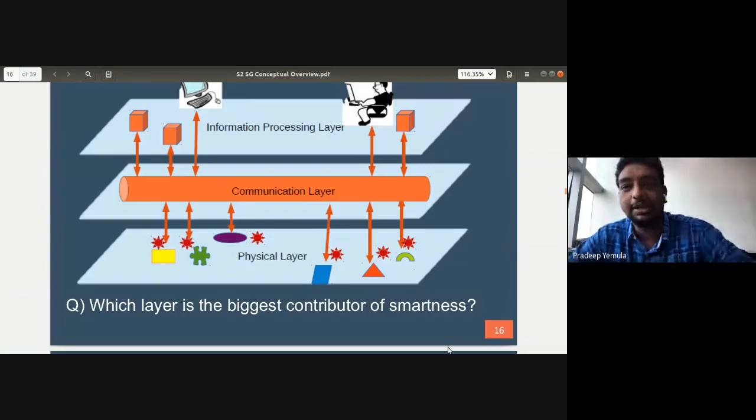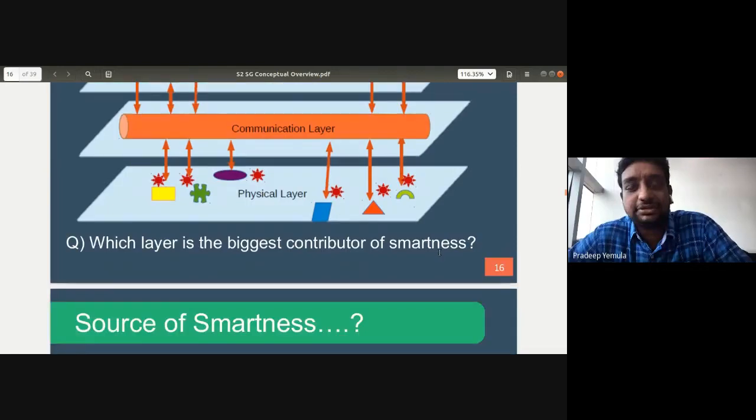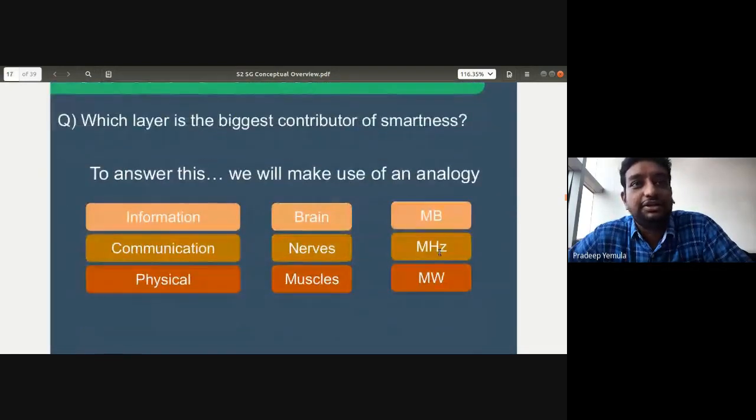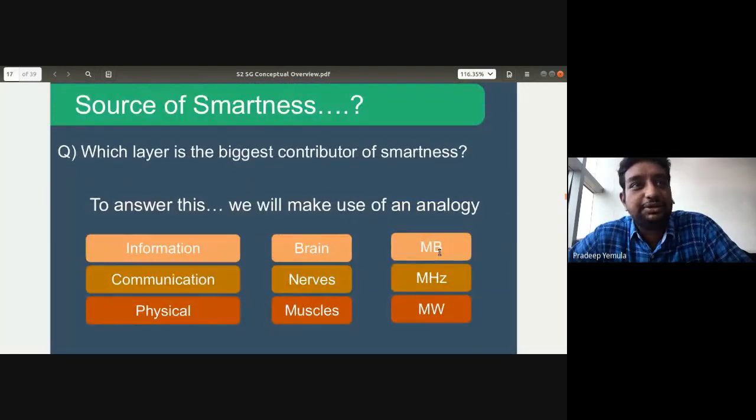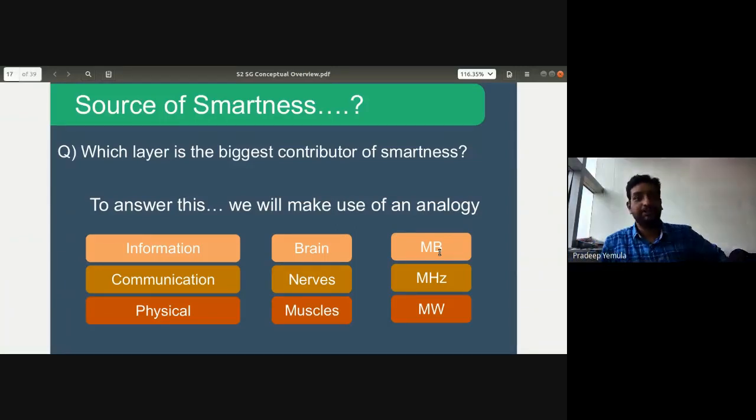Okay. So in order to understand, let's compare it with a human beings analogy. If you compare human beings with other animals, like chimpanzees or monkeys, if you compare the physical layer, the muscles are there.